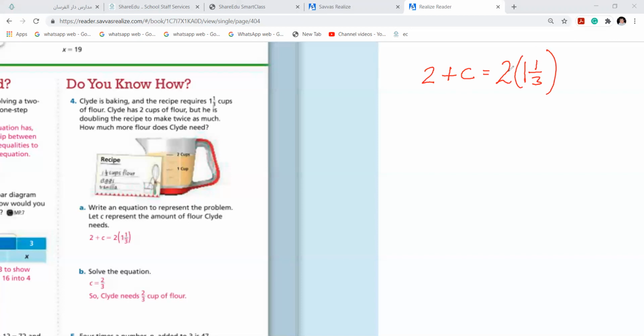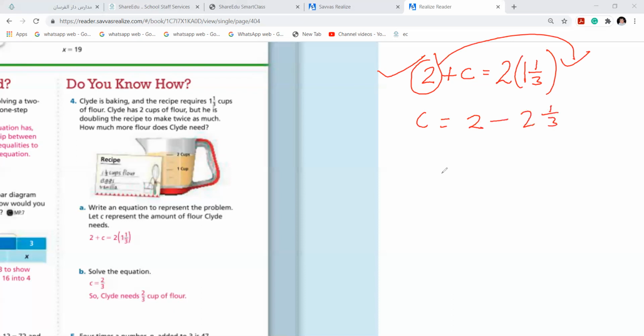She requires 1 1/3 cups of flour, but she's doubling the recipe and wants to make double of that. That is 2 times this thing. And she has 2 cups of flour. So how much more must she need to make this? Simple. This plus 2 goes there and becomes minus 2. This is the equation.